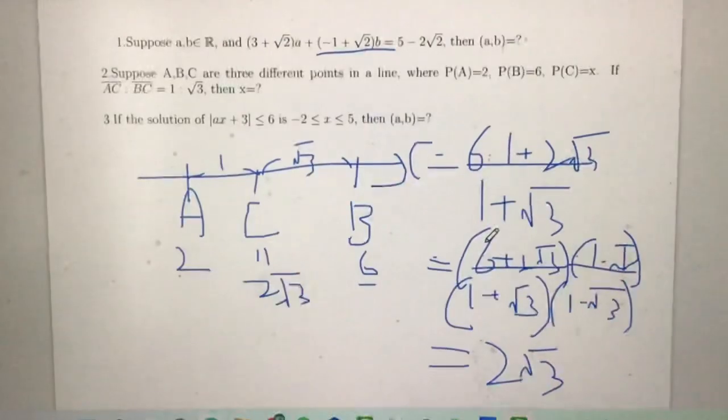Okay, so we have another case. C is outside of A and B, so that means C will be here, and we change another color.